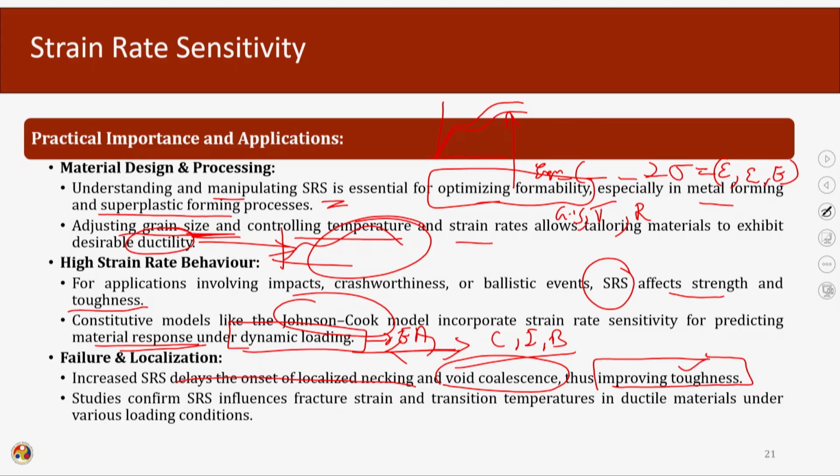Several studies confirm that SRS influences the fracture strain and transition temperature in ductile materials under various loading conditions. So, the total strain at which the system is going to fracture is also affected by the higher strain rate effect, and in turn the higher strain rate effect is also influenced by the temperature. At higher temperature, the SRS effect is enhanced.